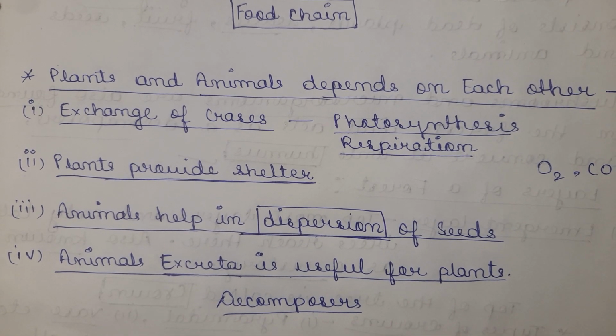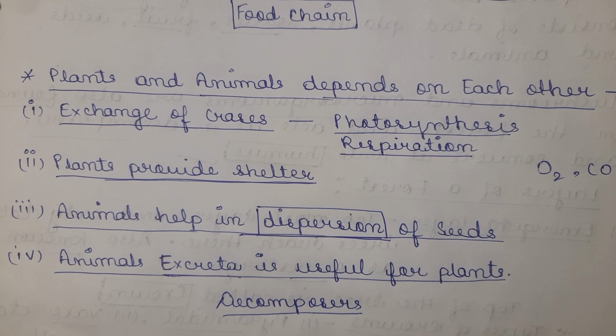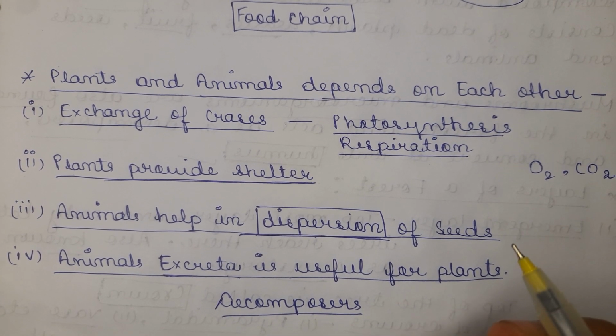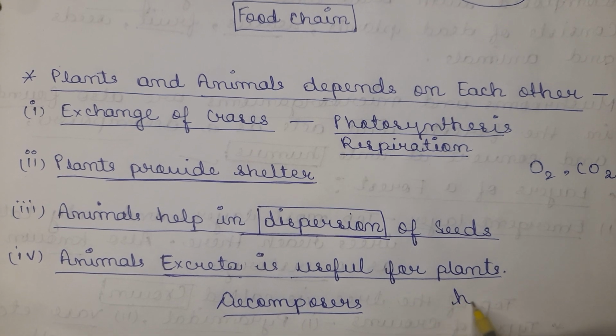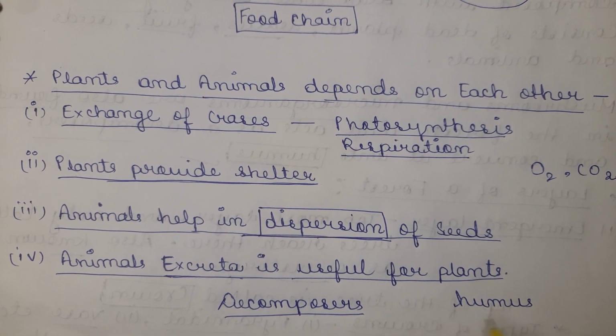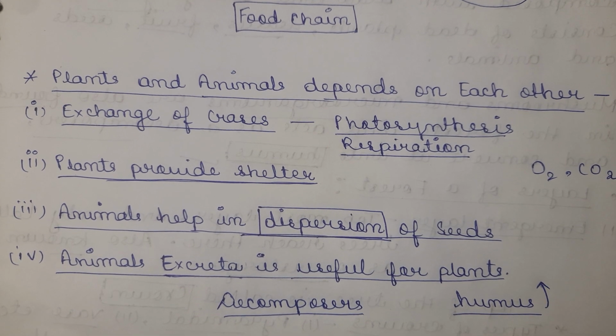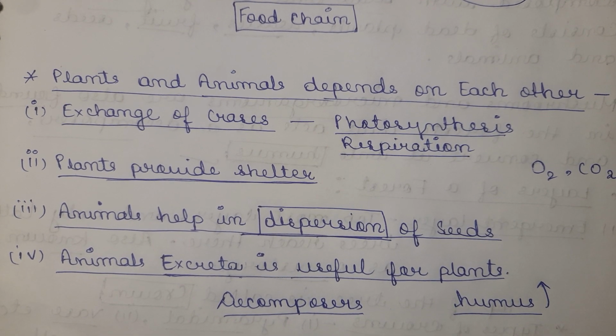So they act as the natural cleaner of nature. So from here we can say that decomposers are the organisms that convert the dead plants and bodies into humus. This humus is basically rich in nutrients and utilized by the plants for their crops or to grow in large fields.